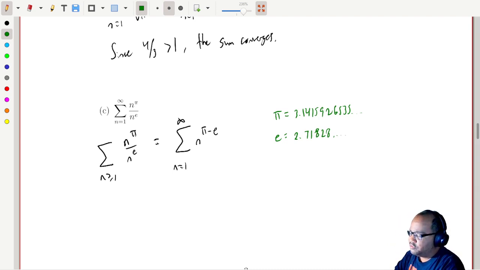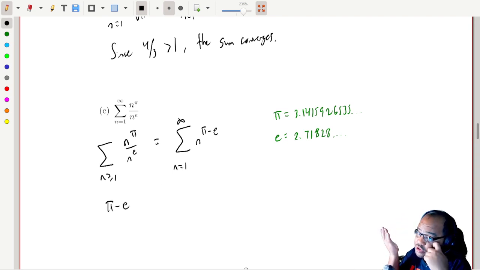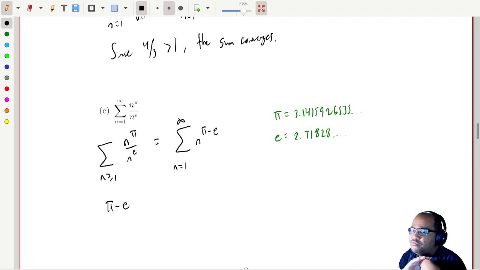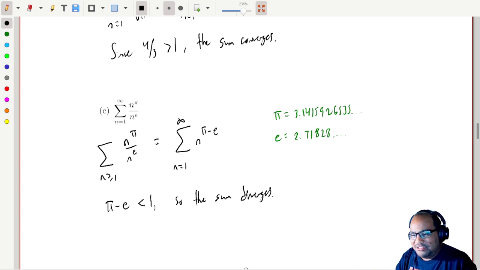You can probably estimate the difference. Pi minus e, even with the first two decimal places, 3.14 minus 2.71, is certainly less than 1. Because this is less than 1, the sum diverges. And we're done.